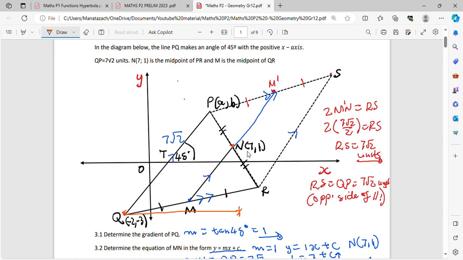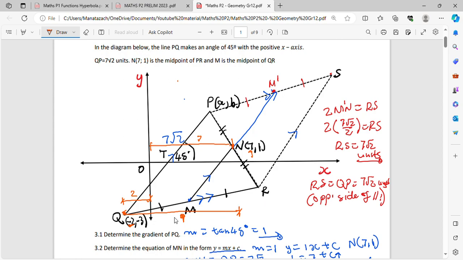The x coordinate for N means that the distance to the y-axis for point N is 7, right? And the distance to the y-axis for point Q is going to be, the x coordinate is 2, right? So we can say the horizontal distance between Q and N is actually the sum 2 plus 7, which is 9. Okay, I'll show you where I am getting this.